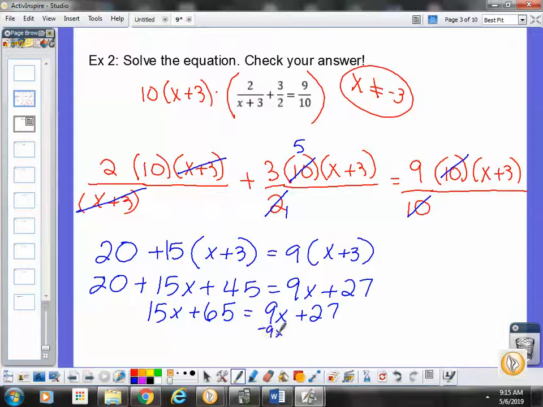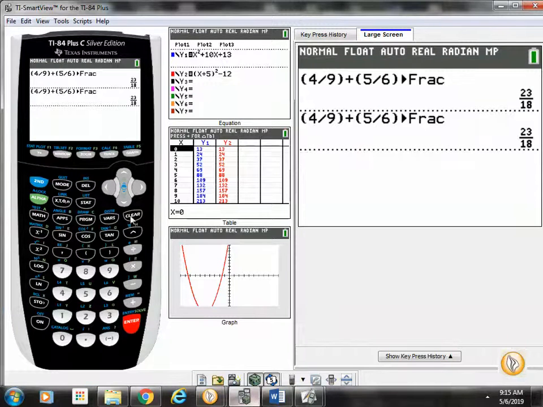Subtract 9x. 15 minus 9 is 6x. Subtract 65 at the same time. 27 minus 65 is negative 38. Divide by 6. Negative 38 divided by 6.